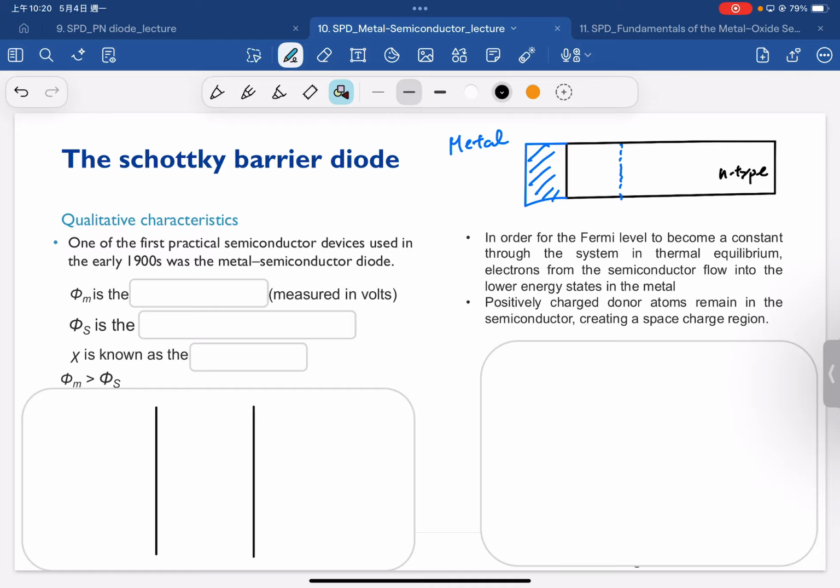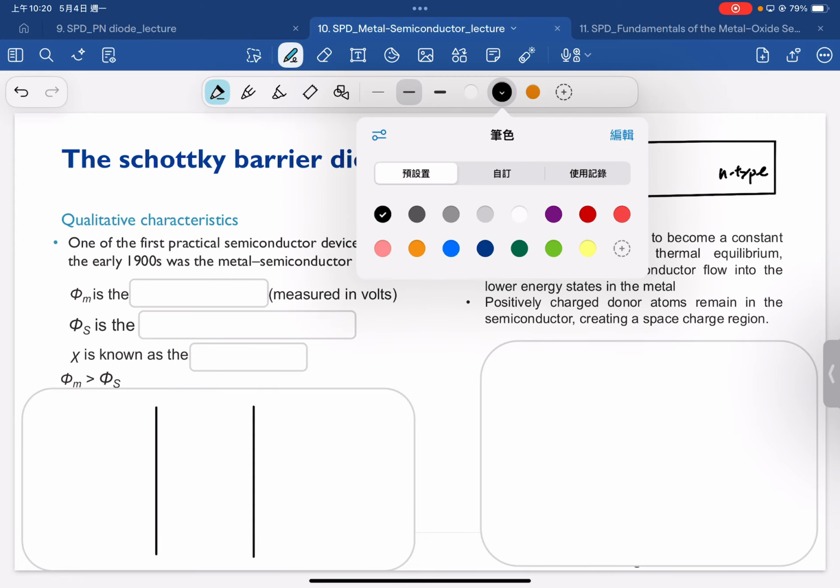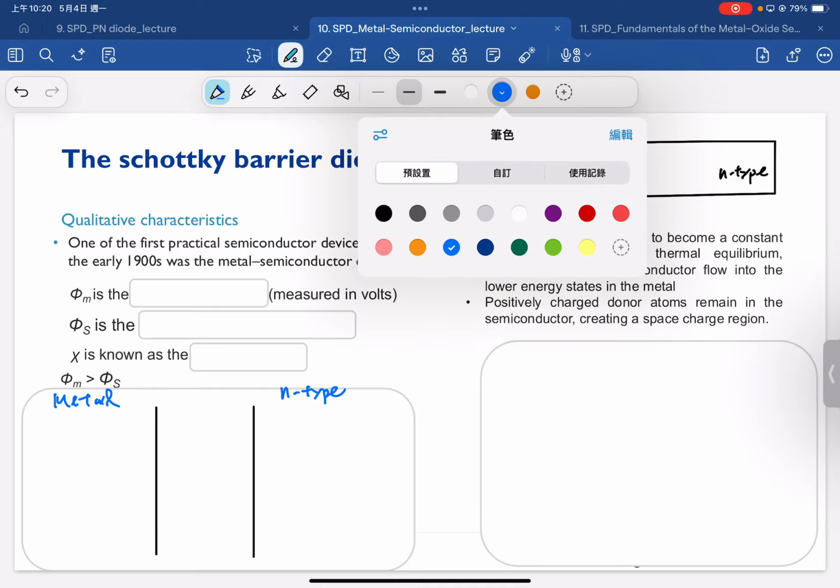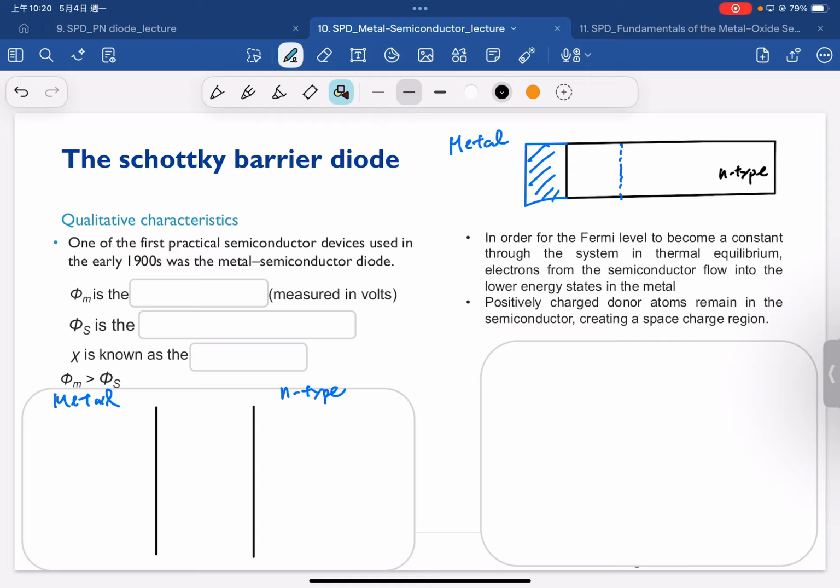On the right hand side, we have the N-type semiconductor, and on the left hand side, we have a metal. This is the situation where these two materials haven't touched each other yet. Since the right side is N-type, we can expect our band diagram to look like this. We still have the conduction band and valence band.